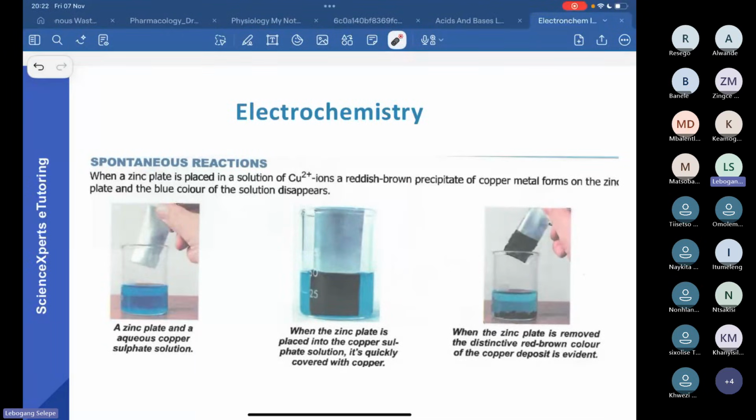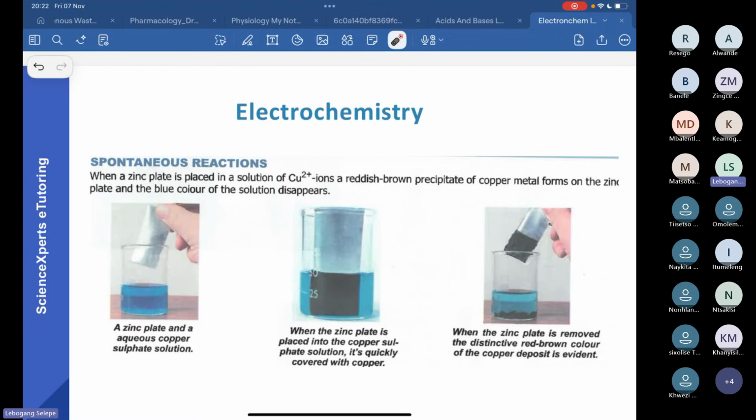So, spontaneous reactions are reactions that just take place on their own without any external pressure, or any external input to make the reaction take place. The reaction I'm talking about here is a transfer of electrons. So if you mix an oxidizing agent and a reducing agent, they would just react with one another spontaneously, right?